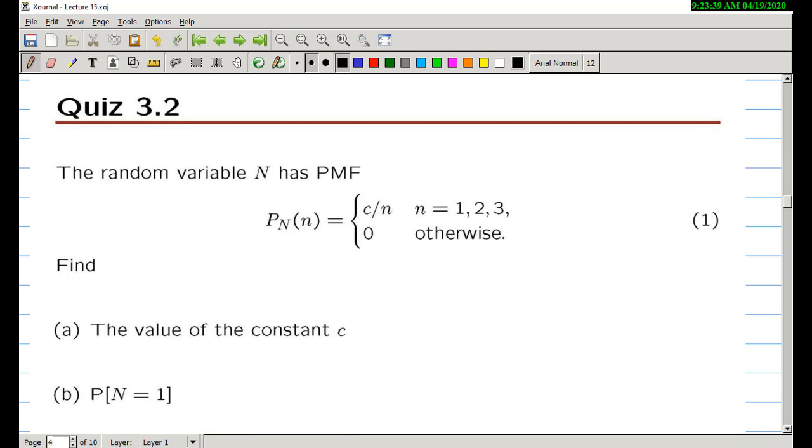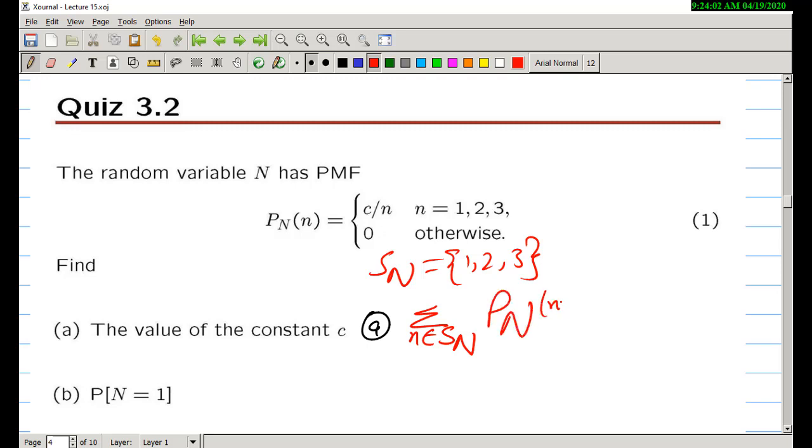For solving part A, we say that the summation of all n that belongs to S of N, which is given here as 1, 2, 3, of P_N of n should be equal to 1.